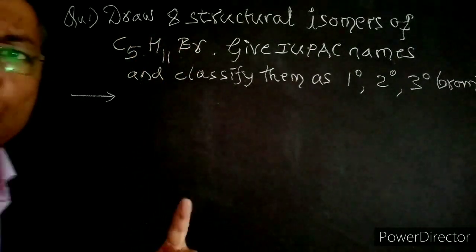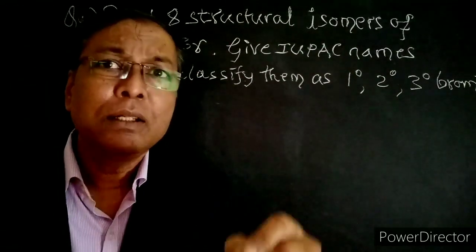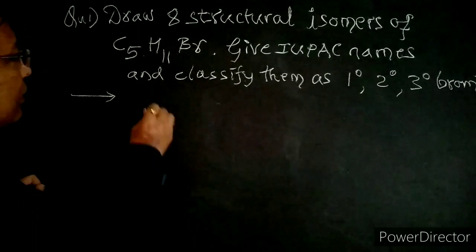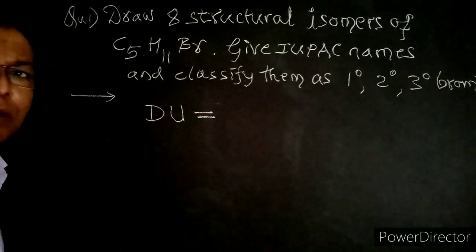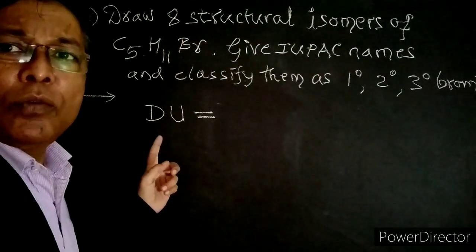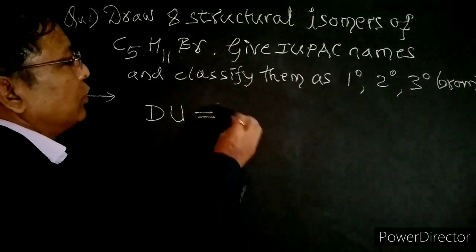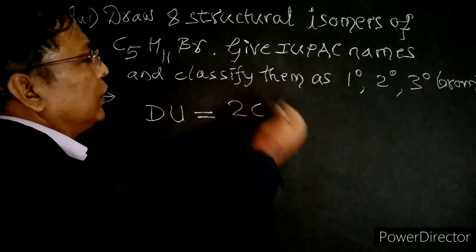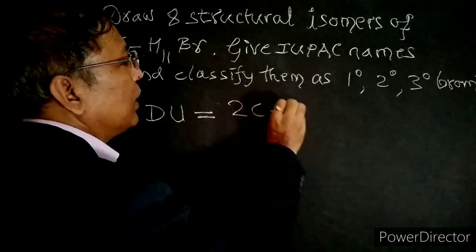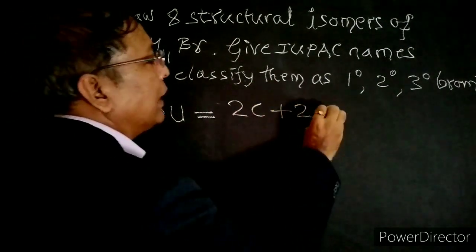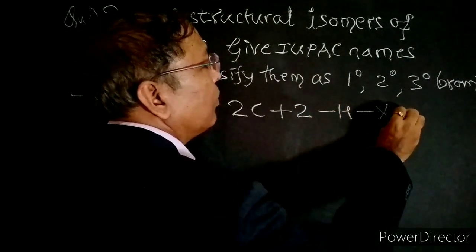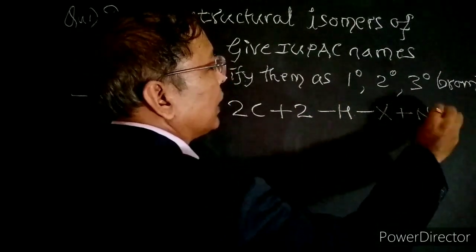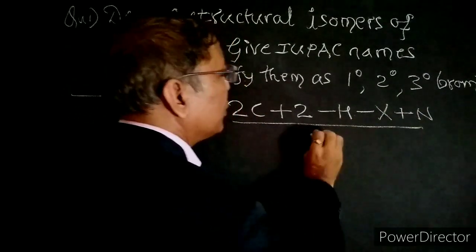That can be done by finding the degree of unsaturation, using the formula: (2 times number of carbon atoms plus 2 minus number of hydrogen atoms minus number of halogen atoms plus number of nitrogen atoms) divided by 2.